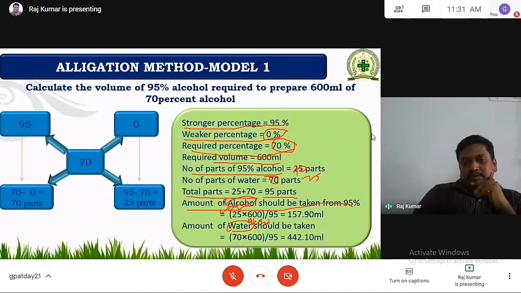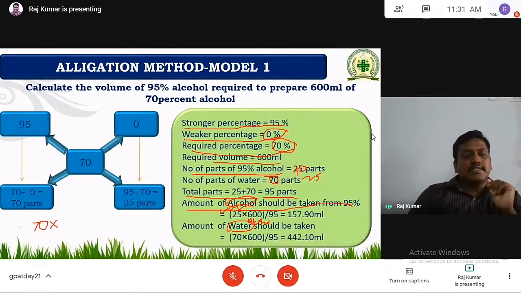The calculation will be number of parts into, so how much 95% alcohol is to be taken, 70 parts of alcohol, number of parts into how much you have to prepare, 600 ml.